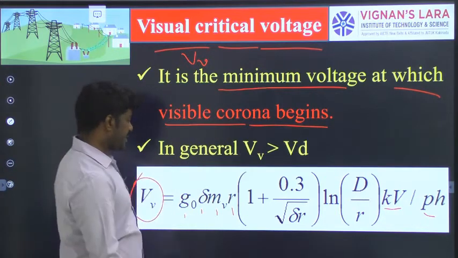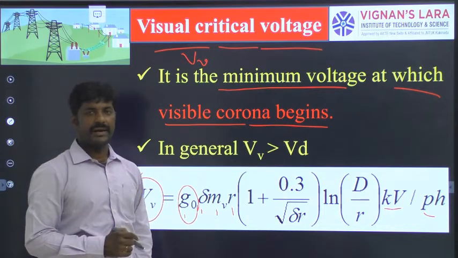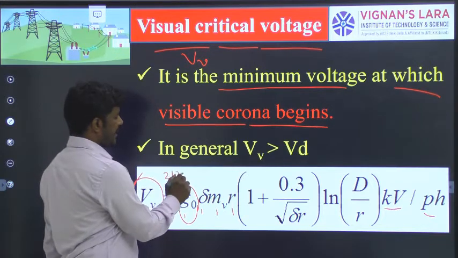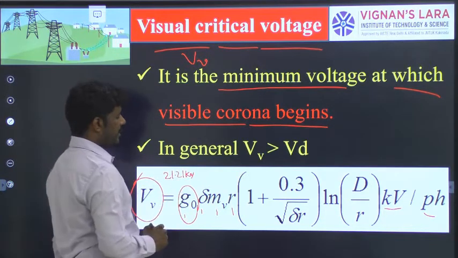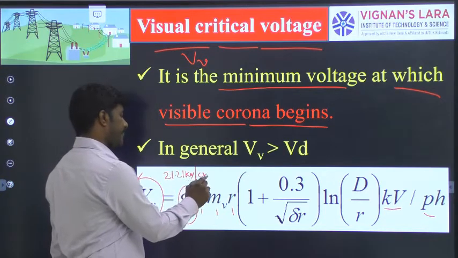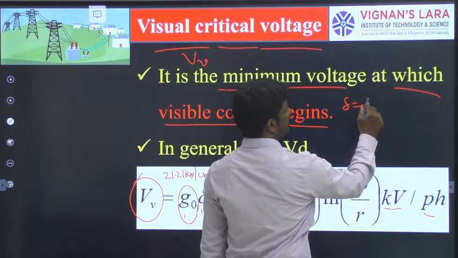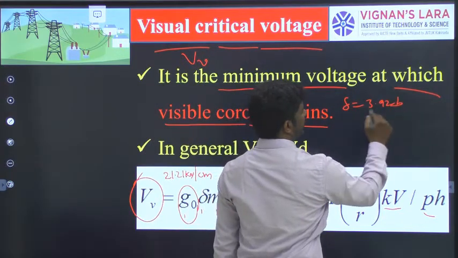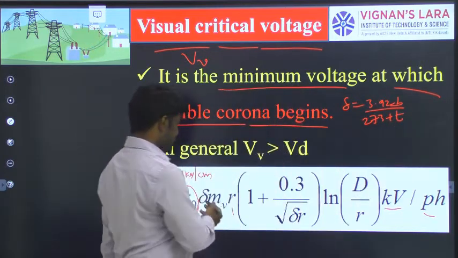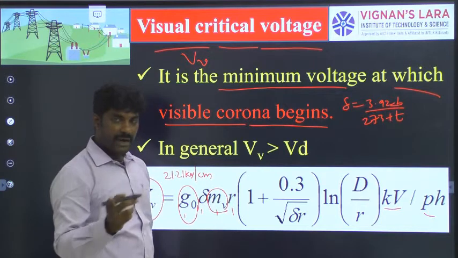So here the terms are G naught, as all of us are familiar, the breakdown strength of air, 21.21 kV per centimeter, and delta is equal to 3.92 B by 273 plus T, the air density factor. MV is different from M naught.